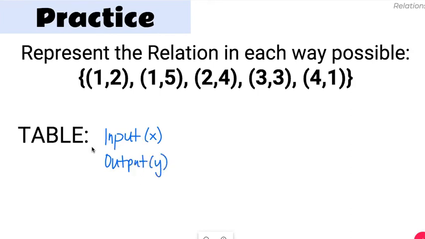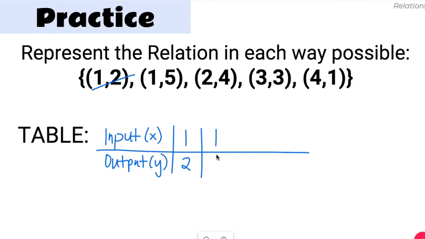The input is our X, the output is our Y. So I'm just going to start with my first ordered pair. My X is 1, my Y is 2. My X is 1, my Y is 5. When my X is 2, my Y is 4. 3, 3, and 4, 1. That's it. You're literally copying the ordered pairs down in just a different way.